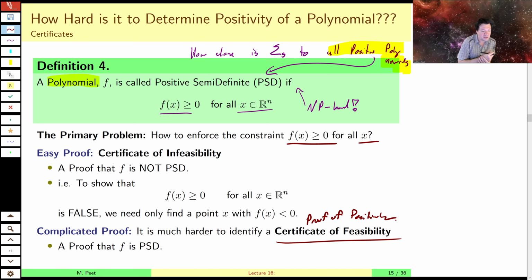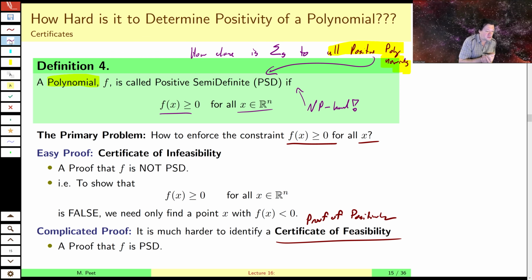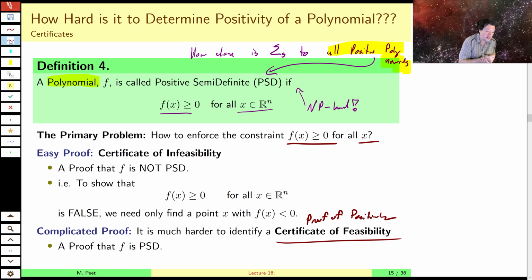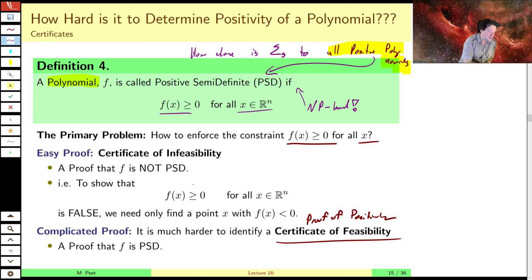So how do you tell if a polynomial is positive in general? Well, obviously, proving that it's not positive in general is quite easy. You just have a counterexample. If f of x is negative at some particular point, then it can't be positive everywhere.